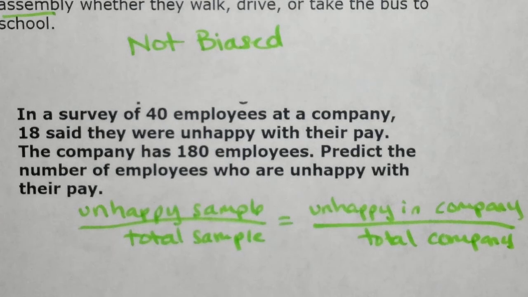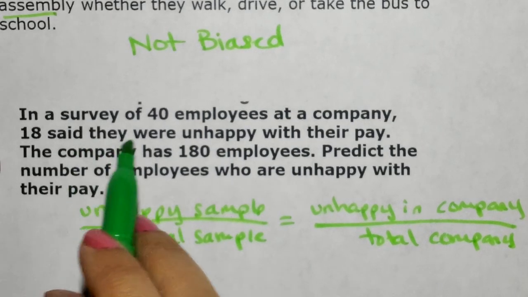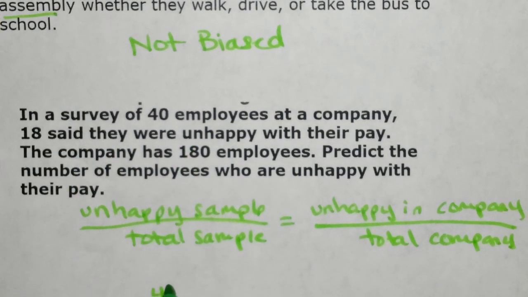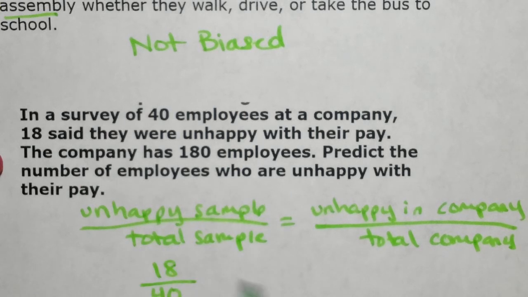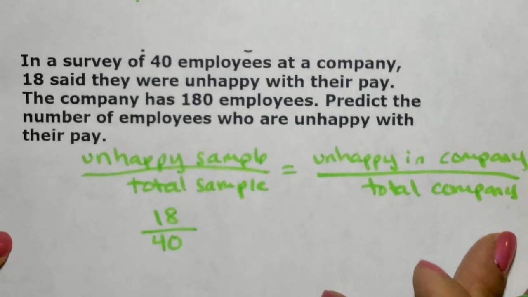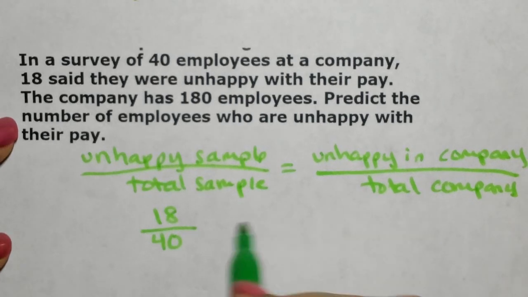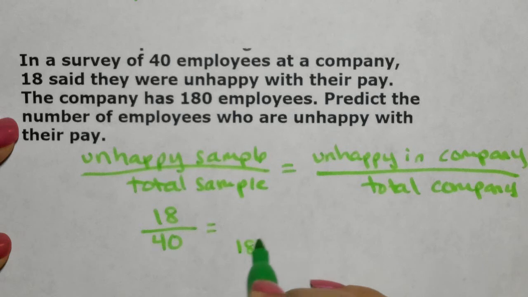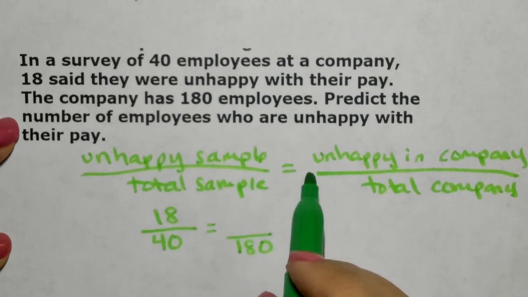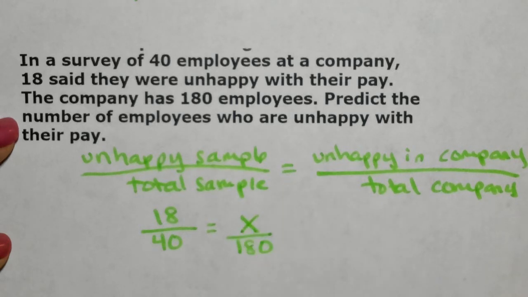So they told us in a survey of 40 employees, that's my total sample, 18 said they were unhappy. The company has 180 employees, so that's my total company. Predict the number of employees that are unhappy with their pay.